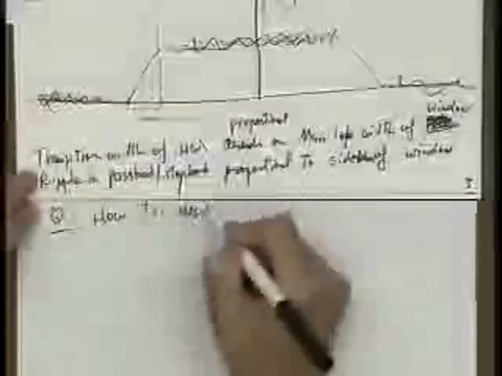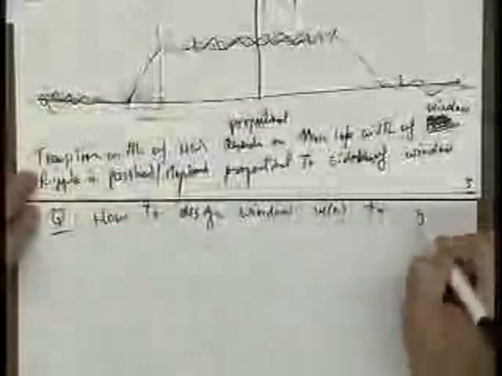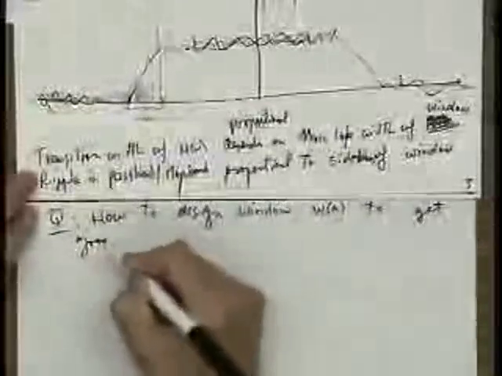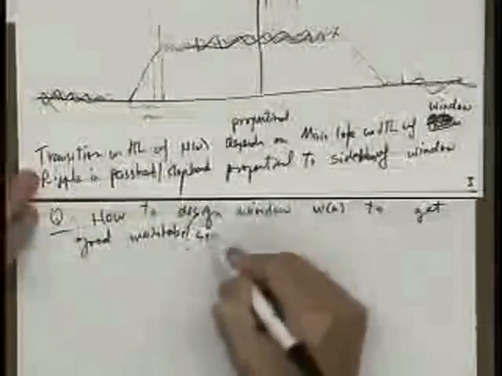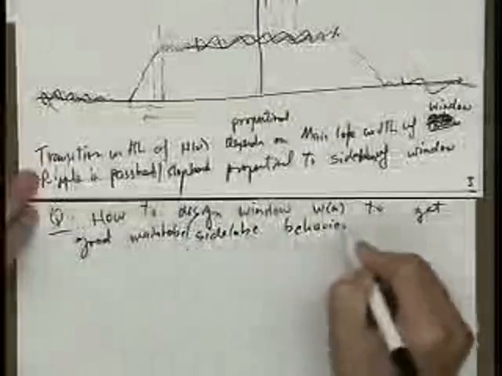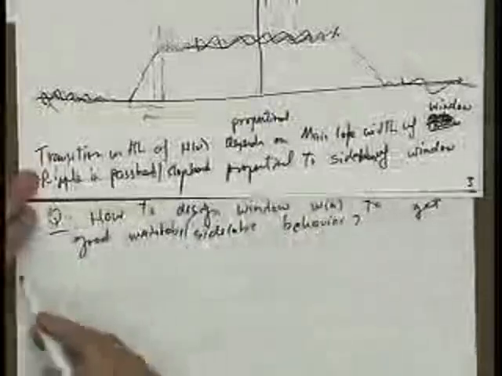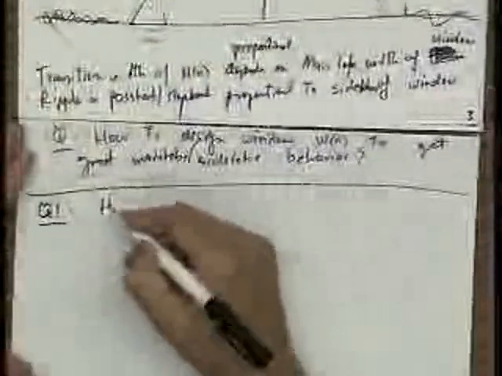So the question is, how to design the window W of n to get good main lobe and side lobe behavior, or properties, or whatever you want to call it. And so I'm going to decompose that into two parts. Question one, how to control main lobe width.